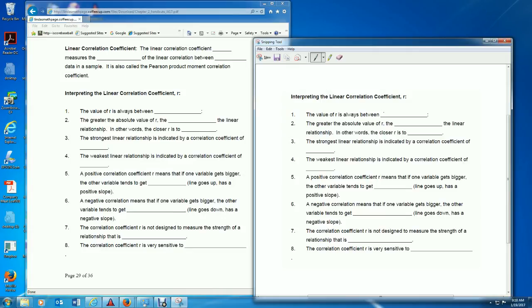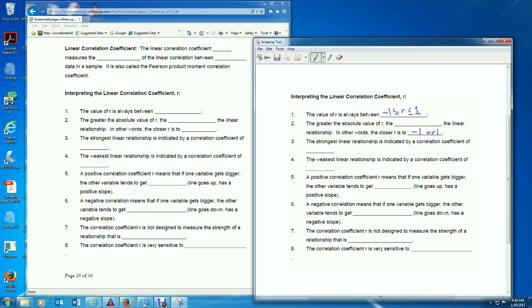So in other words, -1 is less than or equal to r, which is less than or equal to +1. The greater the absolute value of r, the stronger the linear relation. In other words, the closer r is to -1 or 1.